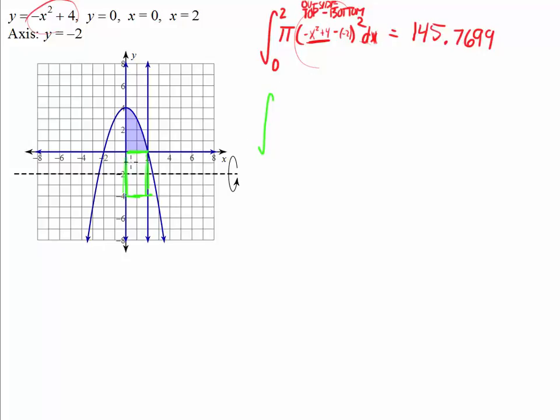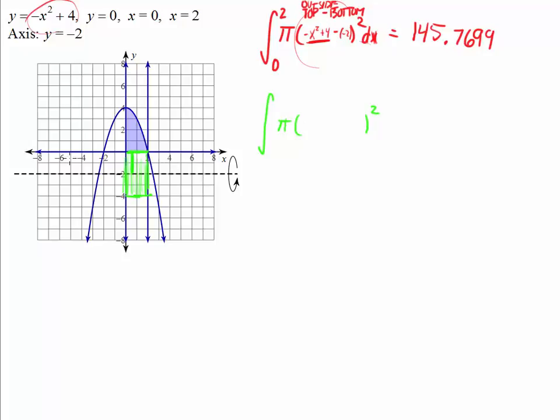So we are making, once again, circles. These little lines are cross sections, or these cross sections are actually circles. The radius, that amount right there, is simply we're making circles, we're adding up the areas, pi r squared. The radius is my top, which in this case is the line y equals 2.